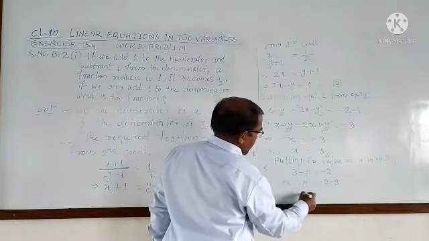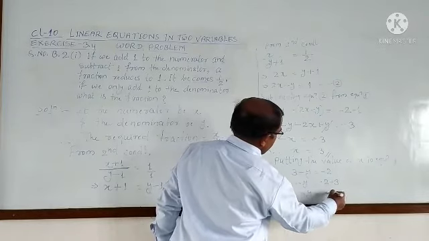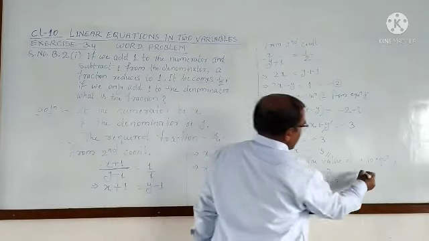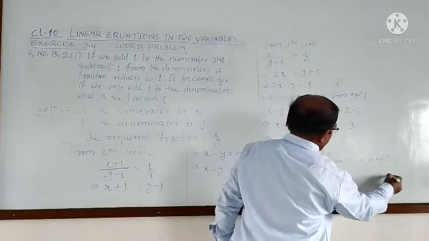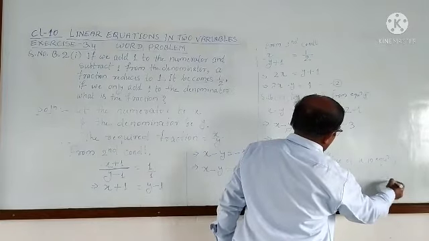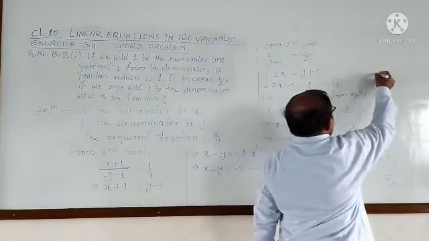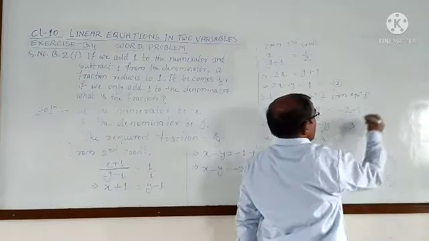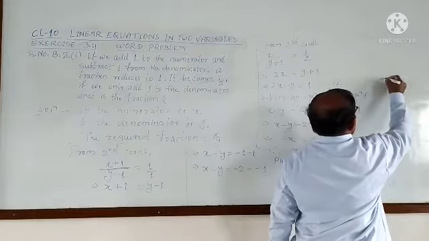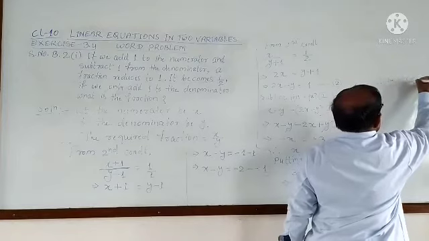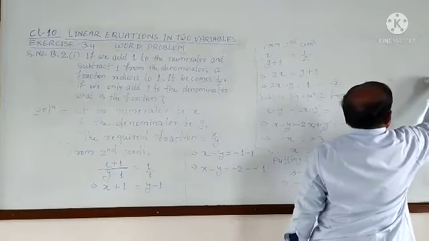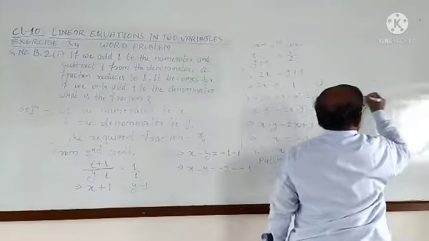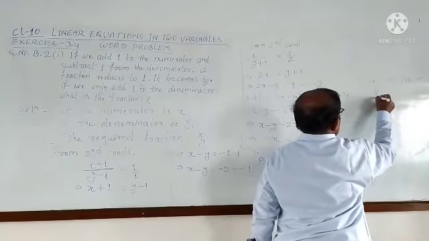We get here minus y is equal to minus 5. Minus cancel, we get here y is equal to 5. So the denominator is 5, numerator is 3, therefore the required fraction is numerator 3 by 5.